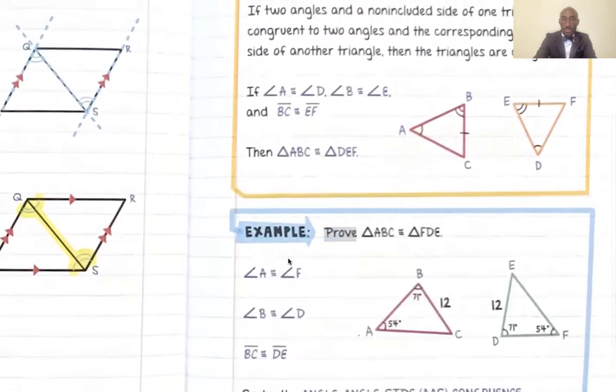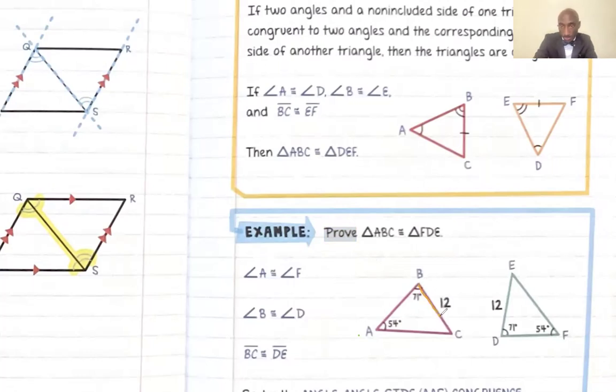Example: prove triangle ABC is congruent to triangle FDE. Both triangles have a side length that is 12. That's the only one we have, so we're going to go off of that being the non-included side that is corresponding and congruent.